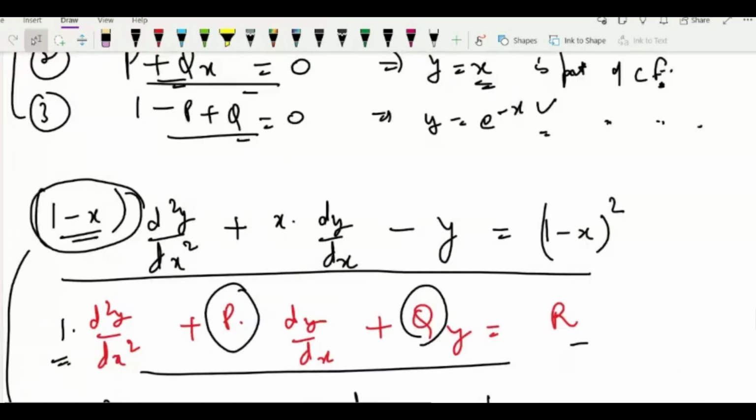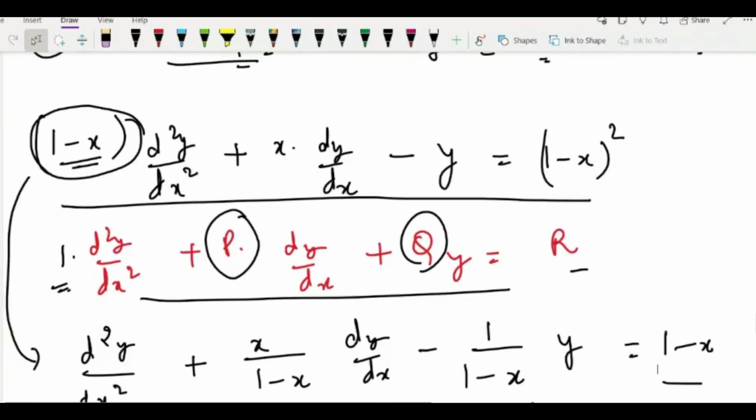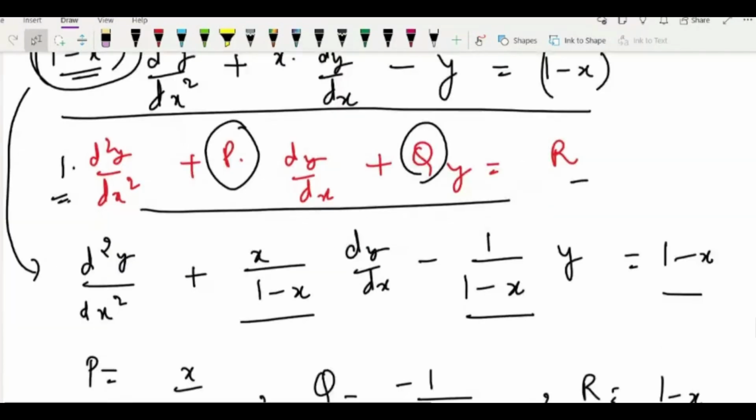We can easily see from here these are not that kind of equation. We have no option to solve this equation by the previous methods which we have done in our earlier lectures. So now, as we know the CF here, we will move towards the method of variation of parameters.